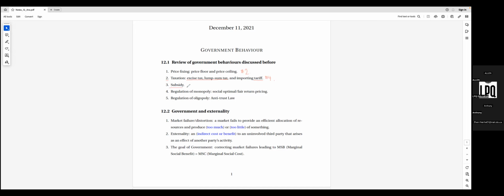A subsidy is money, a financial support that the government extends to an economic sector, industries, or individuals.